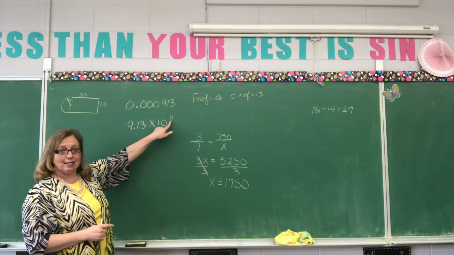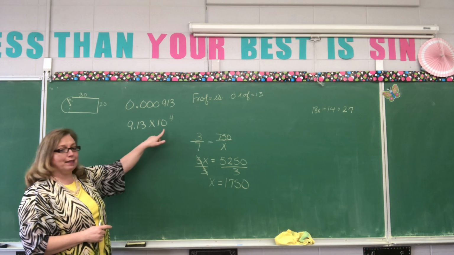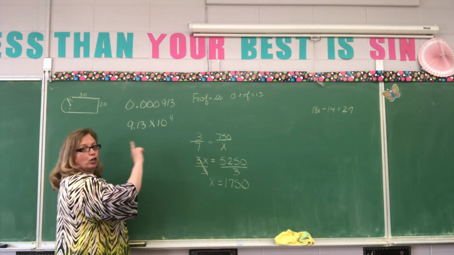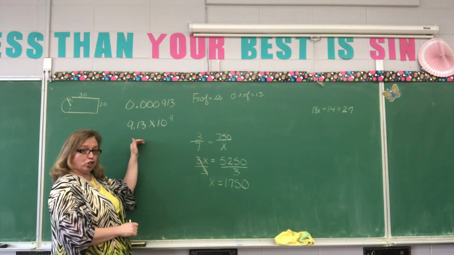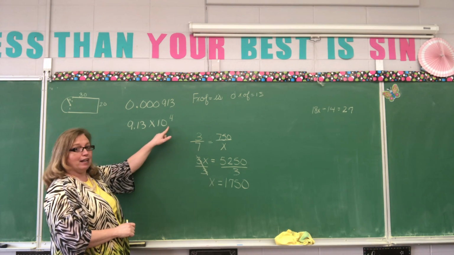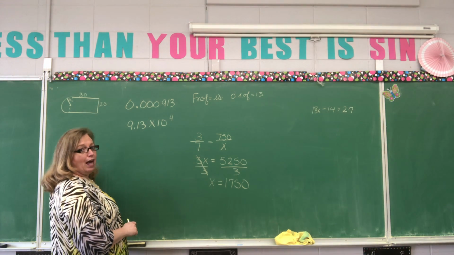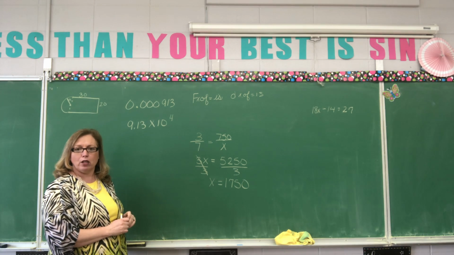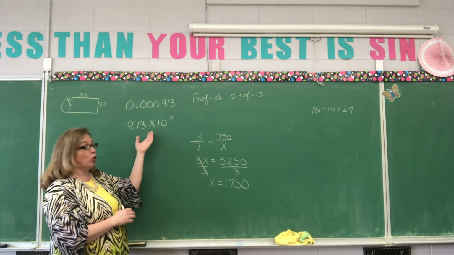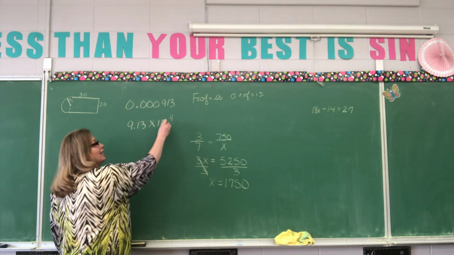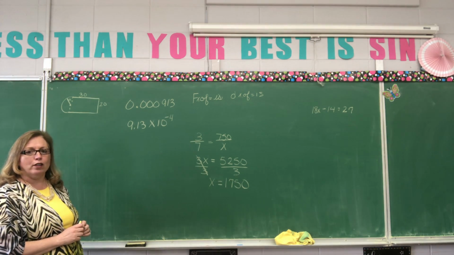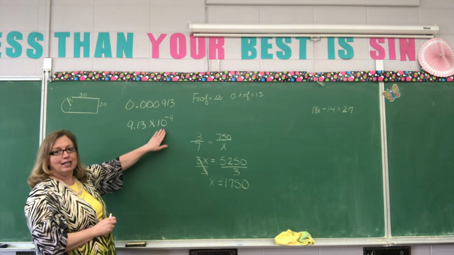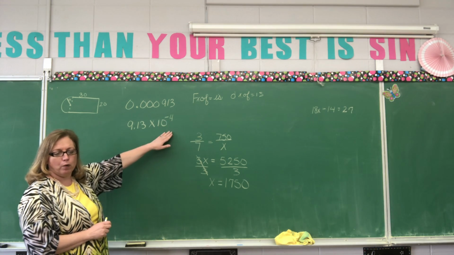If it is positive, when you multiply this out, your decimal point goes to the right, making the number larger. If it's negative, the decimal point goes to the left, making the number smaller. Do you want to make this number larger or smaller? Well, we want to make it smaller. So it is 9.13 times 10 to the negative 4th power.